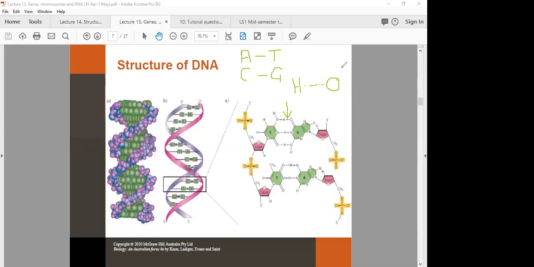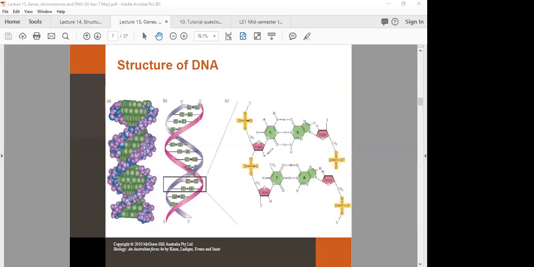Remember we talked about delta negative and delta positive, these partial charges. And that's the nature of the hydrogen bond. Okay, good question.